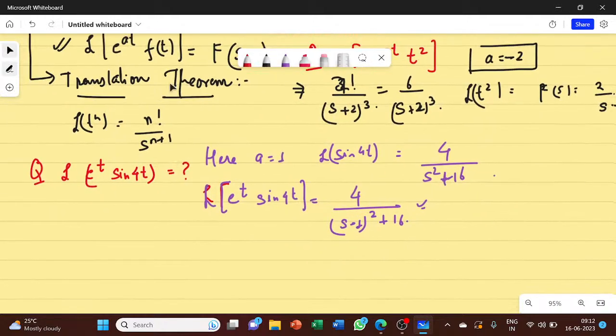Now let us move ahead and do one more property that we have done, and then we'll see how to utilize that property. The property is about derivatives. This is another property, the derivative of the Laplace transform.